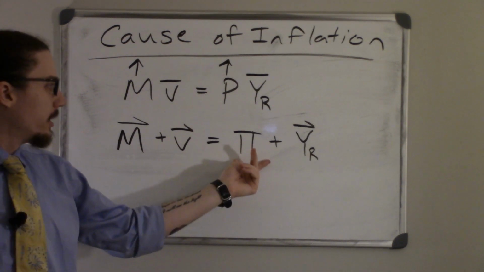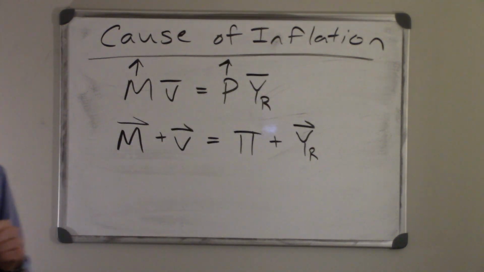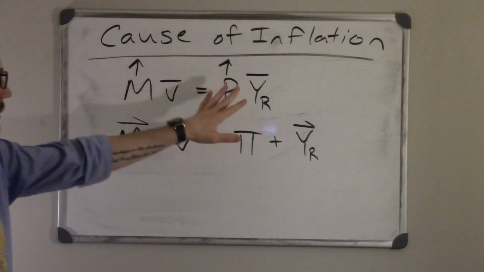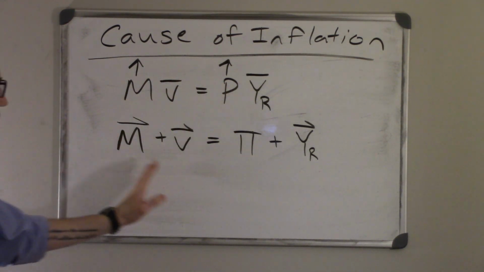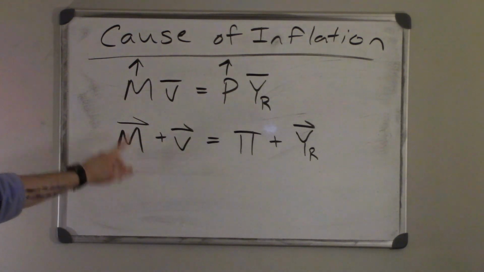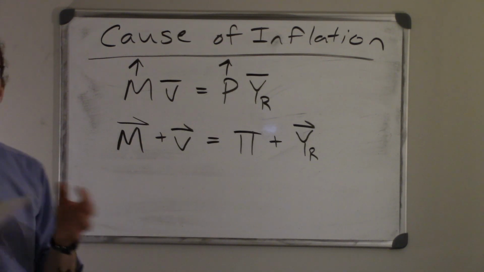The growth rate for the price level is inflation, so we're going to put inflation in here. And then we're going to have the real GDP growth rate. With inflation here, the same thing that we had up here holds. If we have inflation, then it means that we must also have an increase in the money supply.